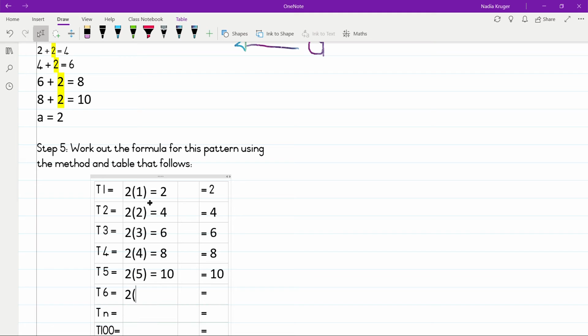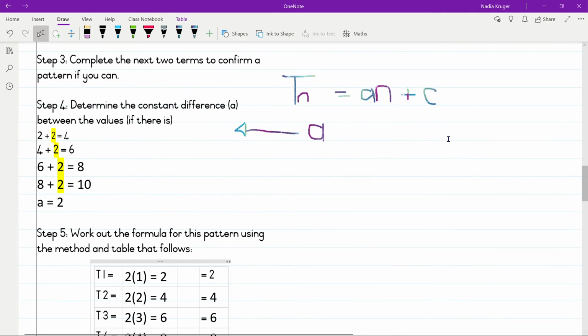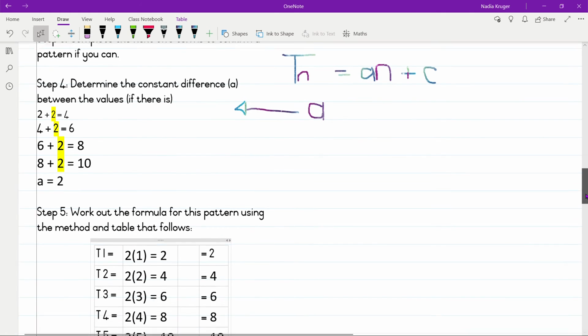And 2 times 6 is 12. So if we look at just that multiplying with A part, then we see that we already have the answer that we need. However, our formula, let's go back to it, says plus C as well.